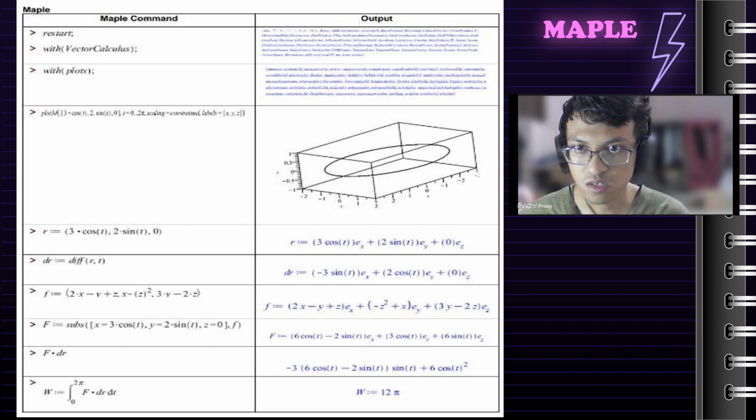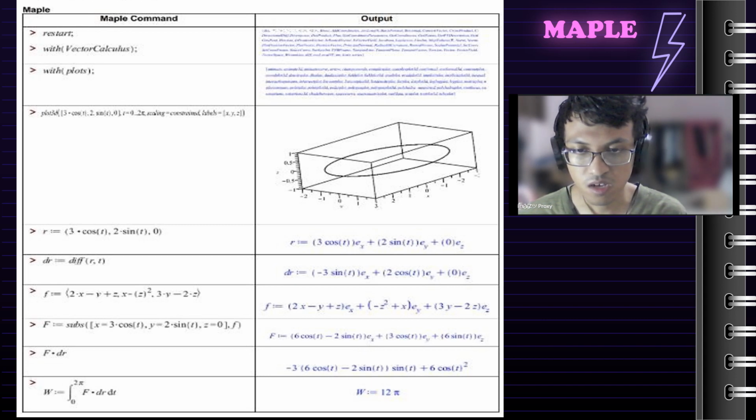So from here we can see the 3 cos from the parametric equation we got up here, and then we have to go for the function. We get that for negative 3, and from there we multiply them, combine them with the r prime. From there we have the negative 3 sin t and the 2 cos t and 0, and then we multiply them, and we got the final.